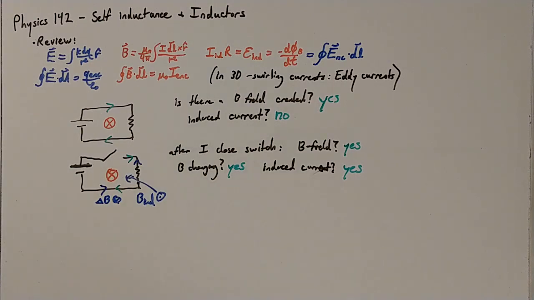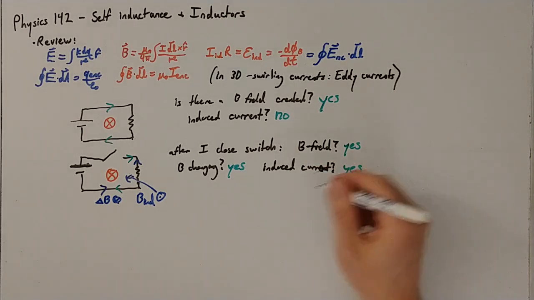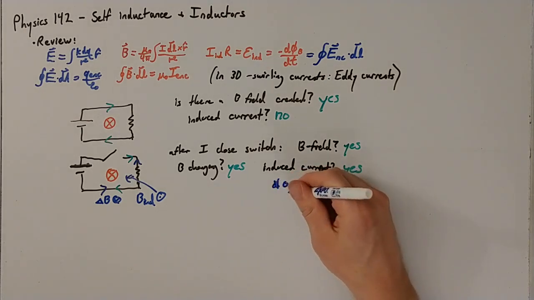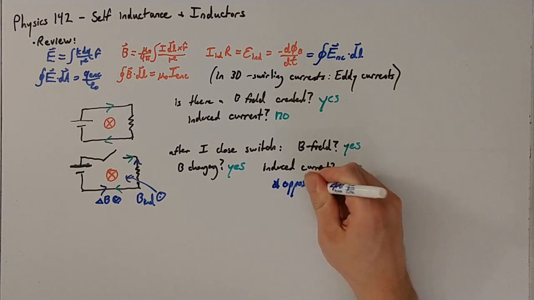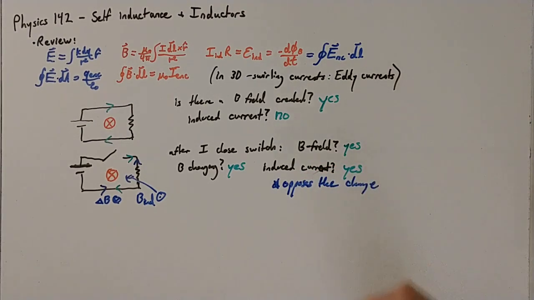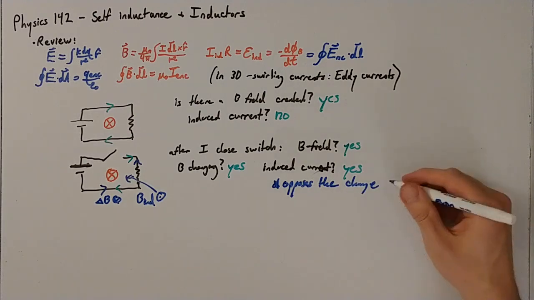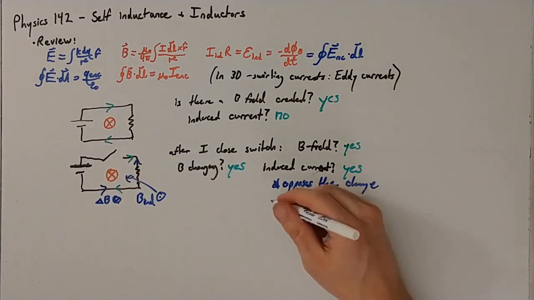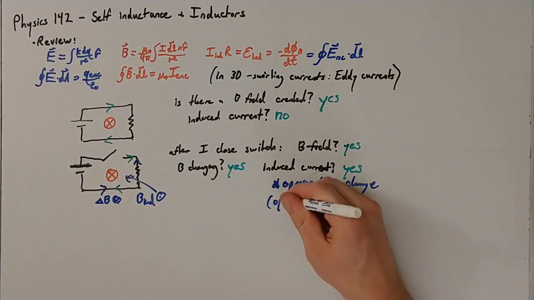So that's an interesting thing. We have an induced current, and it opposes the change. And so that means it's actually opposing the flow that created it.